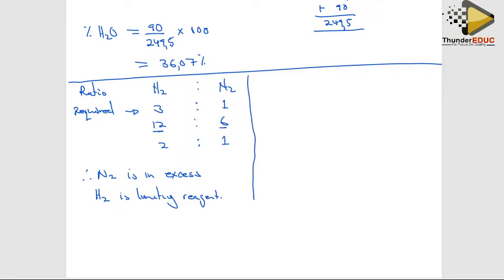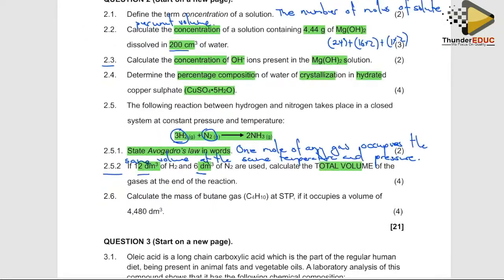Then after that, I'm going to proceed to say, according to the reaction of the limiting reagent, what are we actually having in terms of the available limiting reagent, which is my H2? The available limiting reagent is equivalent to the value I'm given, 12.